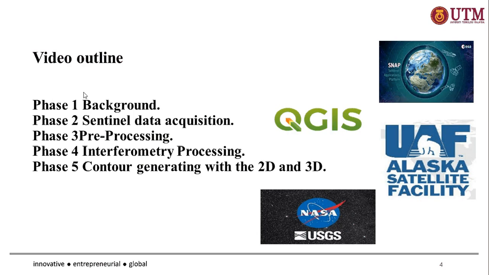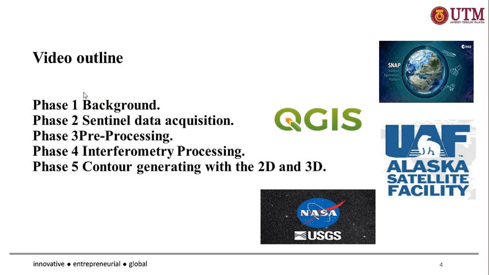Video outline. In fact, we have 5 phases in this video. The first, we have to take a background about our tutorial. The second phase, we will see how to acquire the Sentinel data from the website.